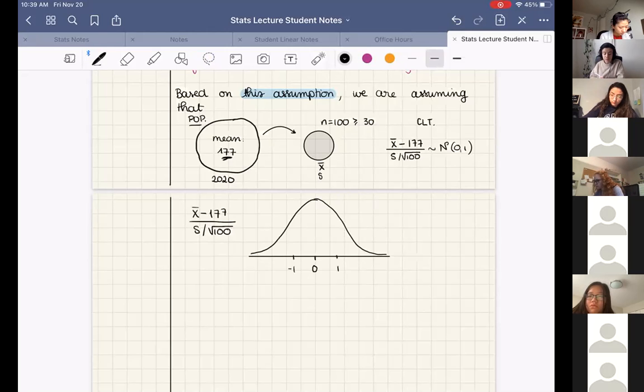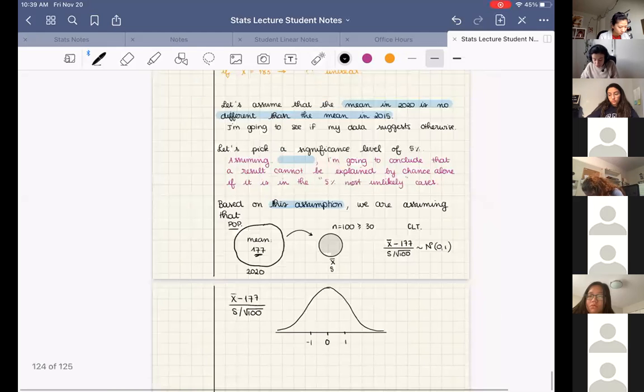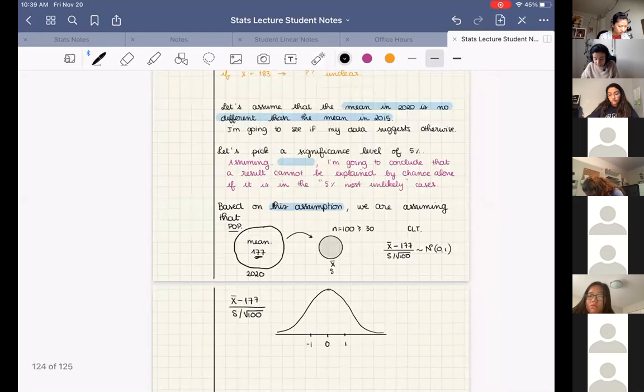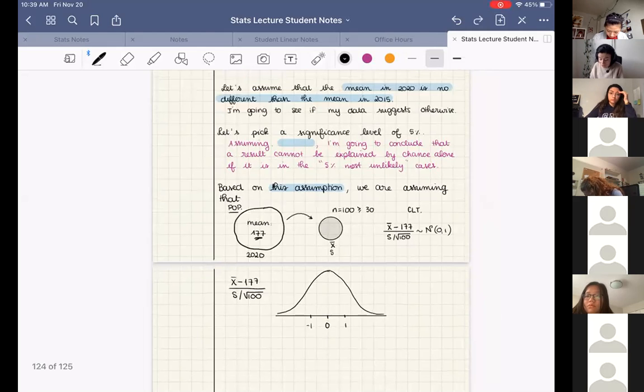Now we said we're going to conclude that our result is very unlikely if it is in the most extreme 5%, right? Because the level of significance is 5%, we're going to say that my result is very unlikely if it's in the extreme 5%.